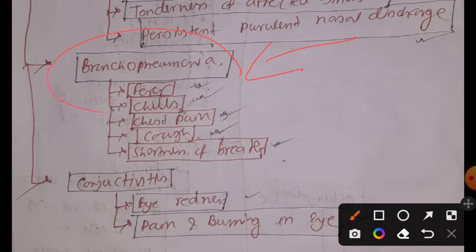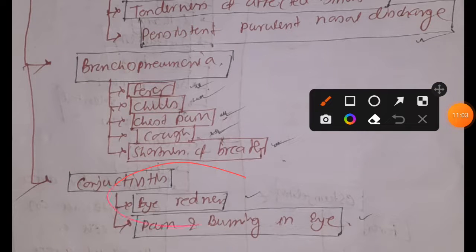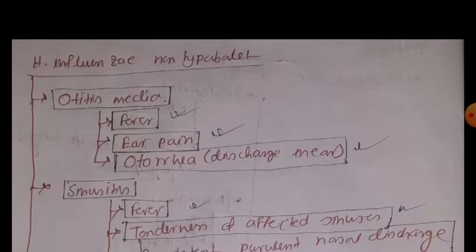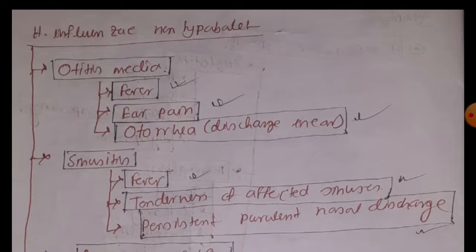These are the symptoms they can have: fever, chills, chest pain, shortness of breath, along with cough. Conjunctivitis is a complication in the eye, with redness of the eye, or pain and burning in the eye. Those are the symptoms of the non-typeable strain.